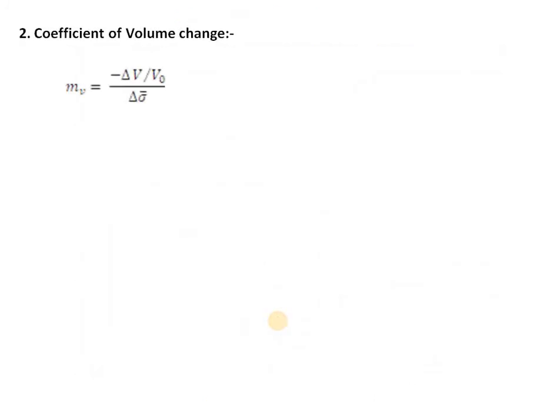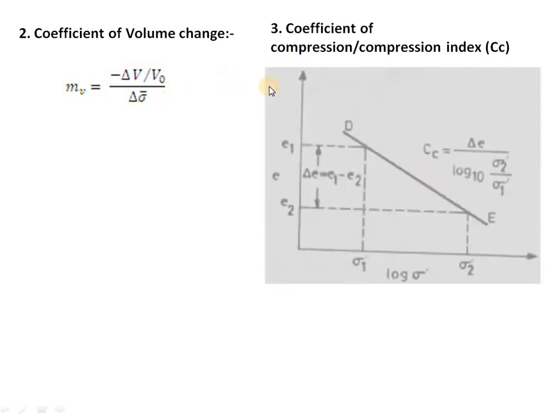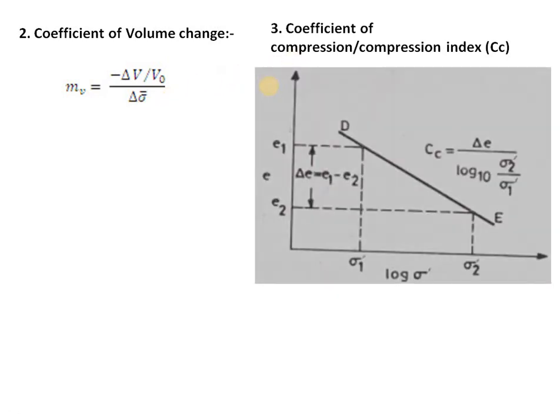So the coefficient of volume compressibility mv is given by minus delta v upon v0, upon delta sigma bar. So this is the volume change divided by the vertical stress. Next is the coefficient of compression or compression index Cc.